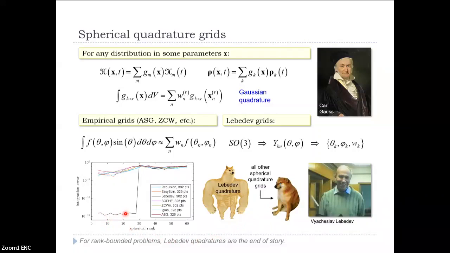And if you are rank bounded, there's only one quadrature you can defensively use and everything else is nonsense. Right? The trouble, of course, is that in magnetic resonance, we're not very often rank bounded. In electronic structure theory, they are. And so they've got this luxury of machine precision. In our case, sometimes we're not. And if you are here, then of course, every grid is as bad as every other grid. And then it doesn't matter which one you use. And sadly, in magnetic resonance, we're usually here.